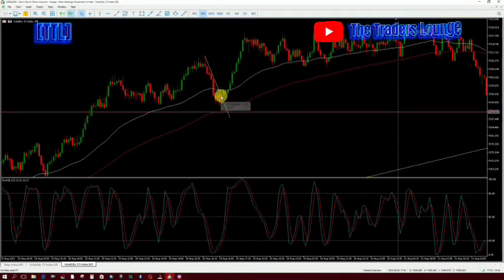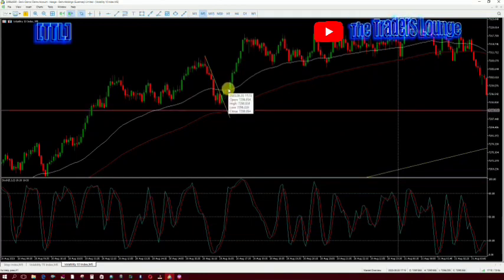Okay, so at the break of my trend line, I have a bullish move breaking the trend line, but closed below EMA 50. There is no entry. This is another reversal. I allow price to break the EMA 50. Okay, at the break of this, now I can easily take my entries here.